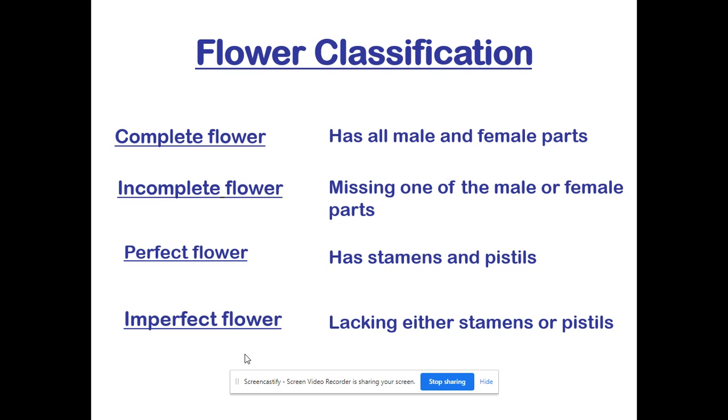Now, there are different classifications of flowers. There's the complete flower, the incomplete flower, the perfect flower, and the imperfect flower. And basically, a complete flower is a perfect flower, meaning it has all the male and female parts, meaning that plant can make a new seed or a new plant straight from the same flower.